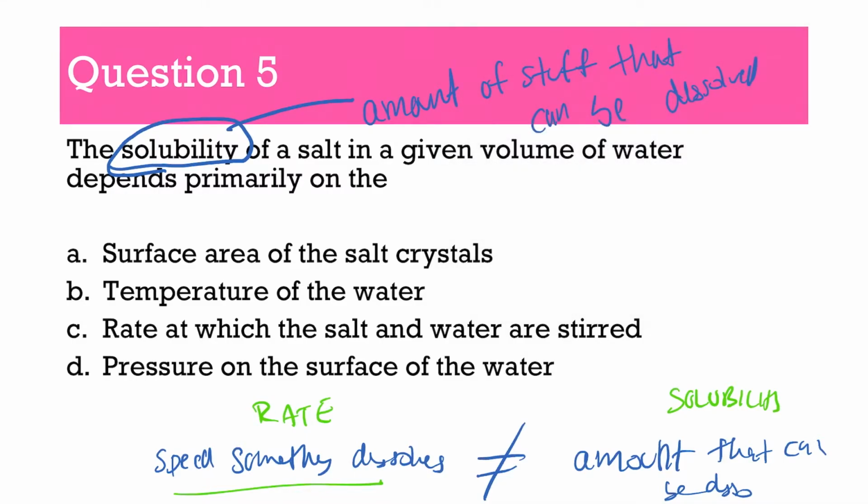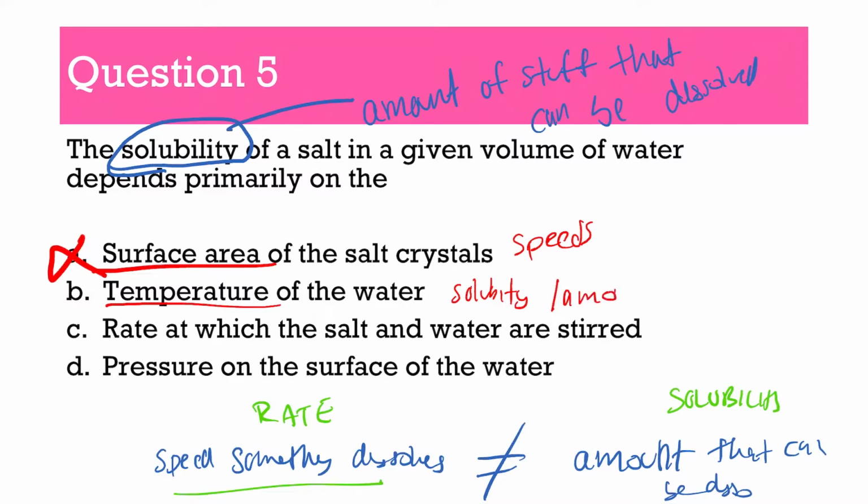So of these four choices, the surface area speeds it up but does not change the amount, so it can't be A. Temperature affects the actual solubility or the amount. If you think of hot coffee and iced coffee, with iced coffee, generally you have a big chunk of sugar on the bottom. Hot coffee, same amount of sugar, no lump of sugar on the bottom, because things become more soluble at high temperatures.